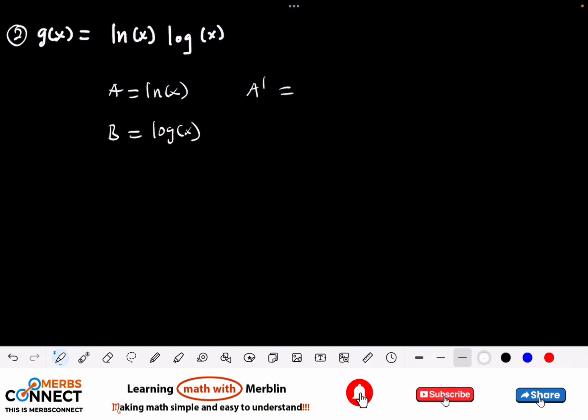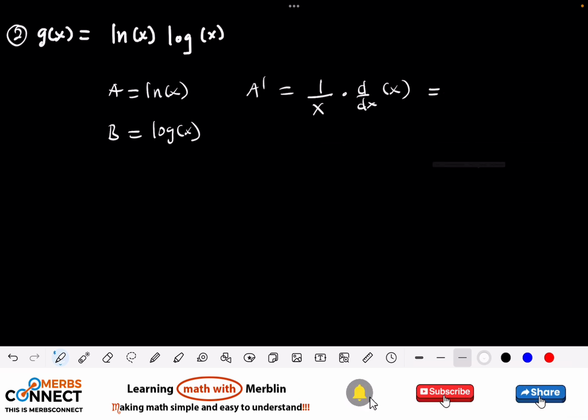We learned from the previous video that if I want to differentiate an ln function, then all I need to do is take 1 divided by what is inside the parenthesis, all times the derivative of what is inside the parenthesis. So 1 divided by what is inside the parenthesis, which is x, all times the derivative of what is inside the parenthesis, which is x.